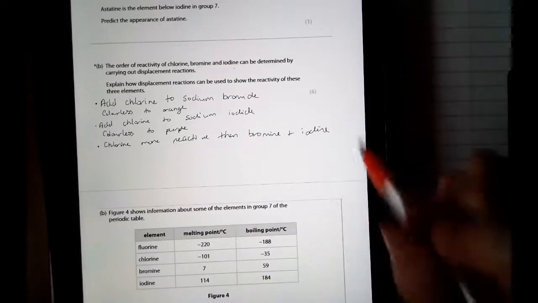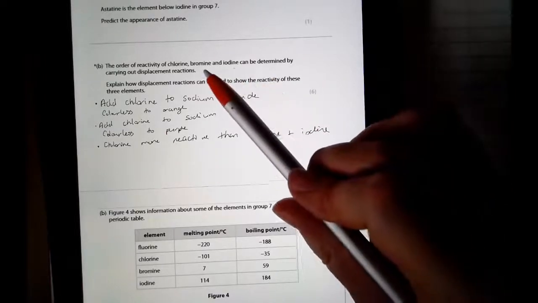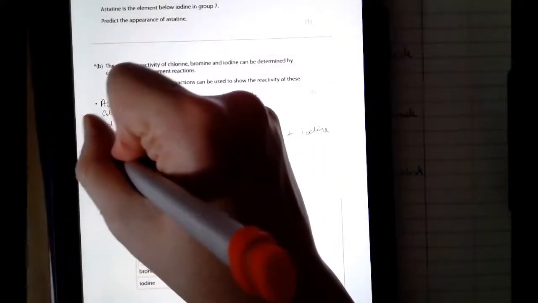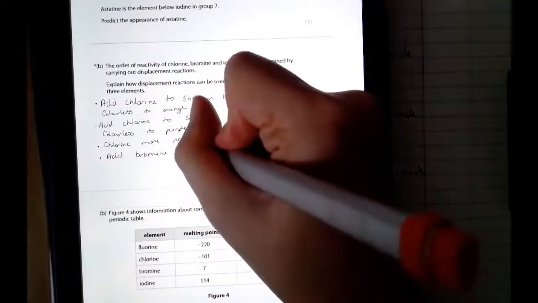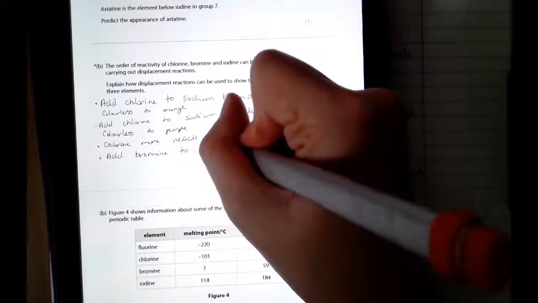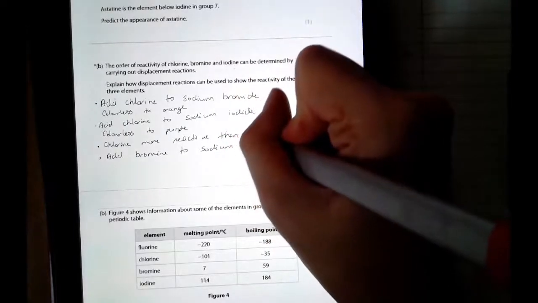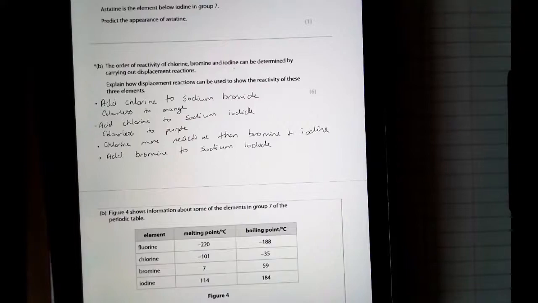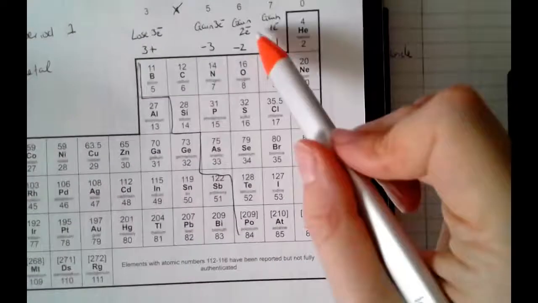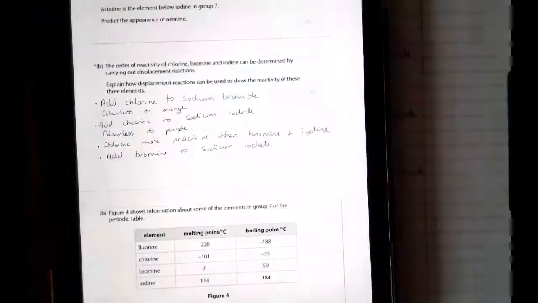You now need to do one further test to compare bromine and iodine. I'm going to say add bromine this time to, I'm just going to stick with sodium iodide. Bromine is more reactive than iodine. I know this because I've got my periodic table in the exam and I know that they get less reactive going down the group.